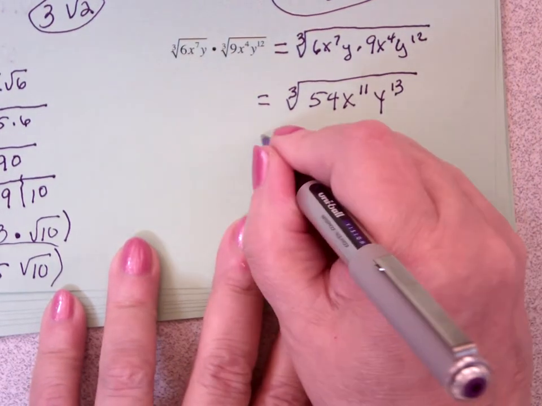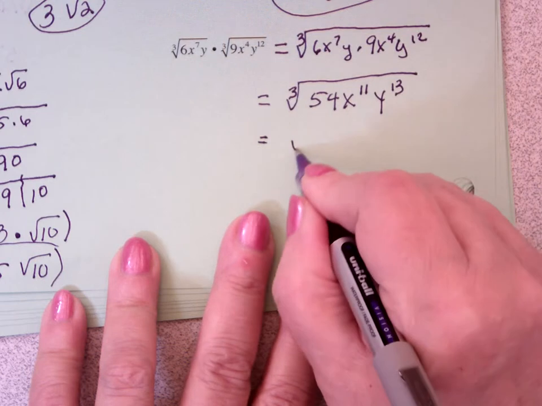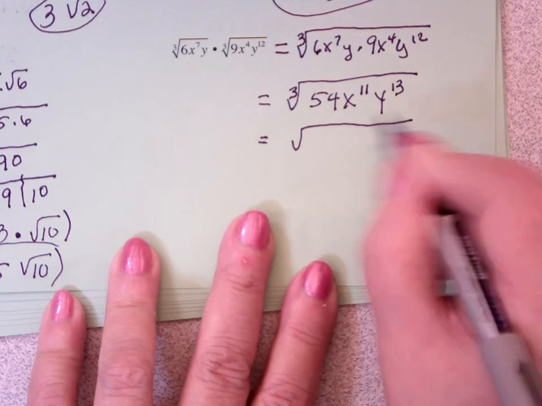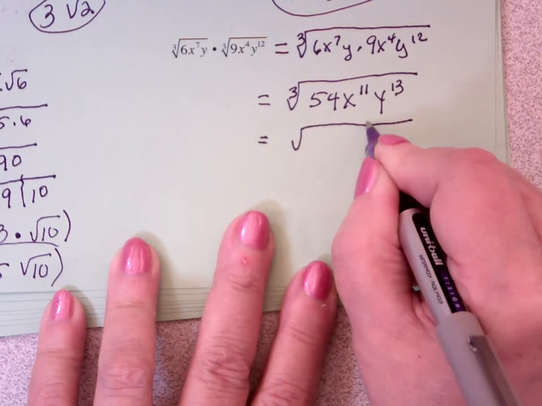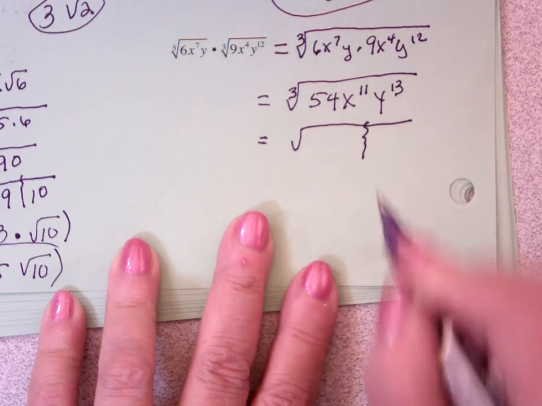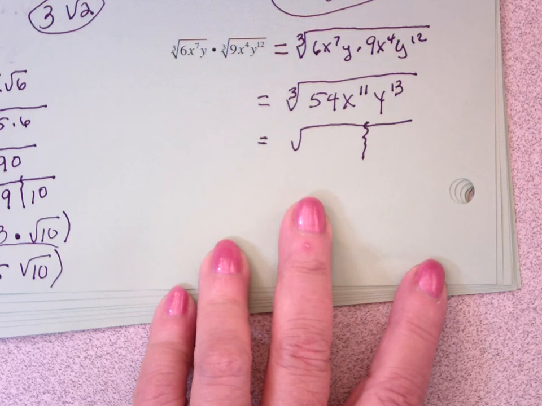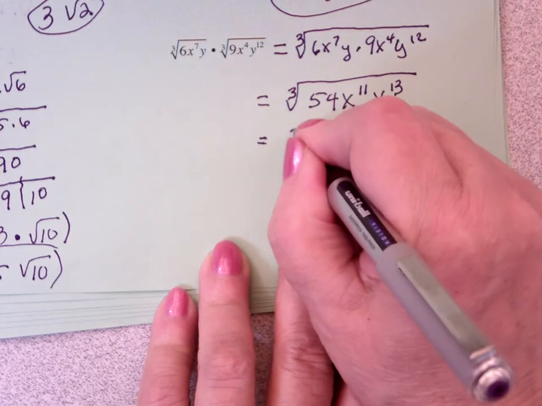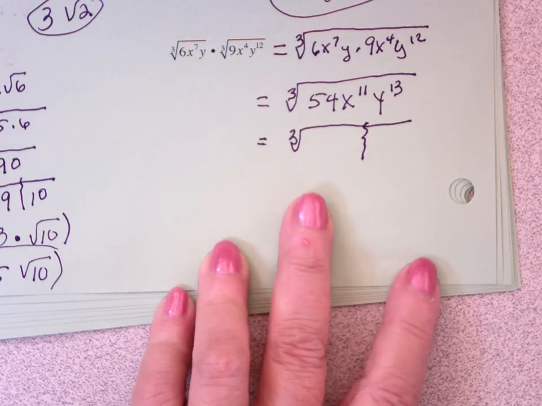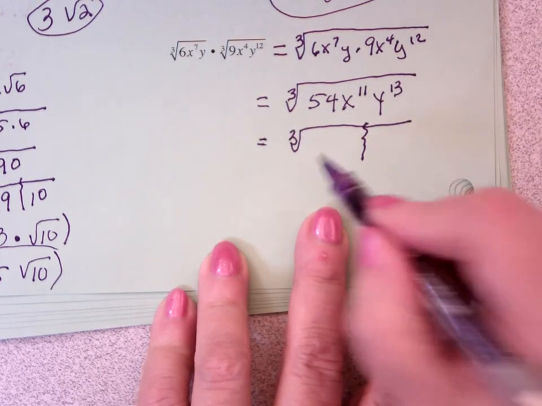And now we can break this down into two pieces. I'm going to try to now leave myself enough room for a change. And what is the square in 54? Square, or cube. Cube. 27.